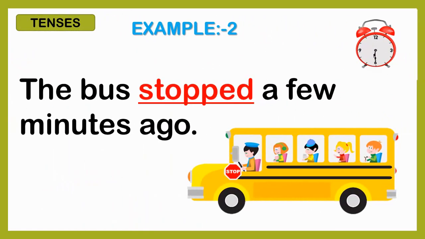Now, here is a second example for you. The bus stopped a few minutes ago. Children, you can see the word stopped is an action word. So, in this sentence, the verb stopped indicates an action in past which is completed.